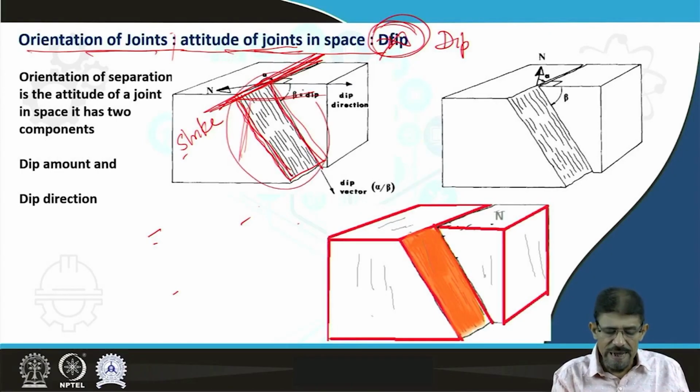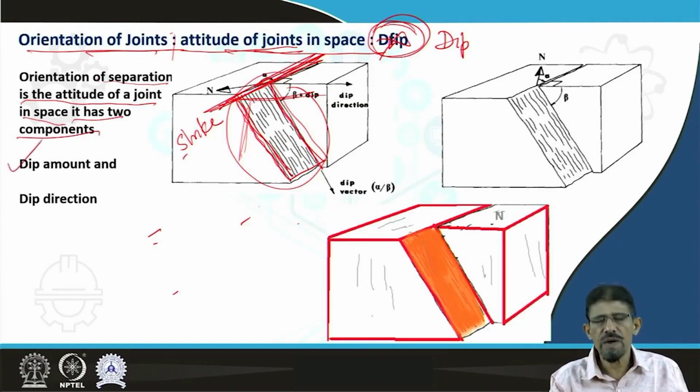Another thing is direction. So the orientation of a separation or joint is the attitude of a joint in space, and it has two components. One is dip amount, or amount of dip. You can see this through this diagram also.